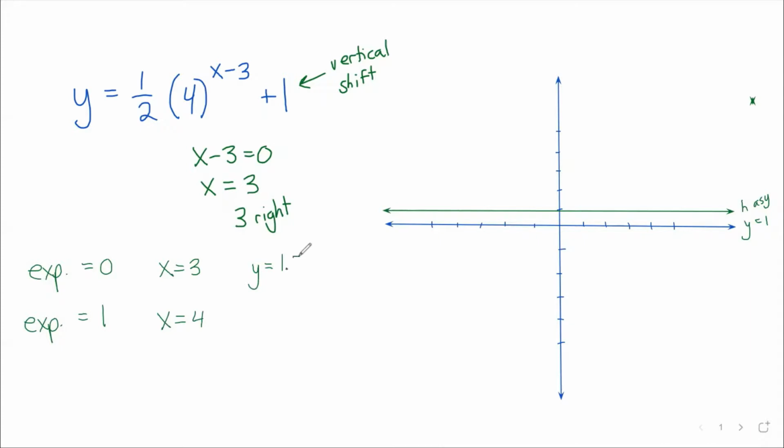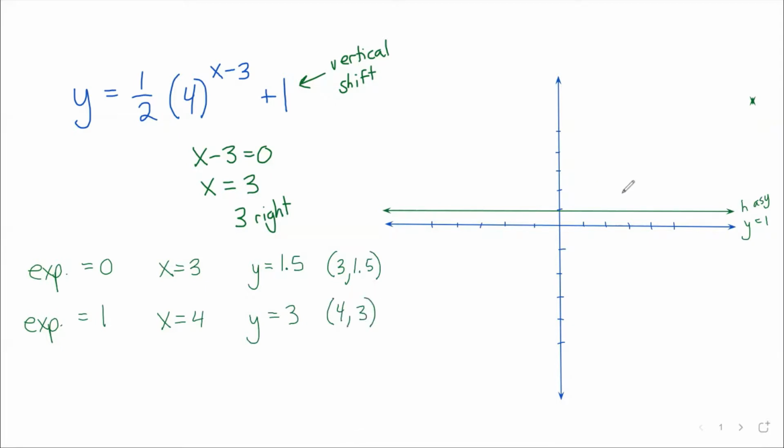And then when x equals 4, so 4 minus 3 is 1, 4 to the 1 is 4, 4 times 1/2 is 2, and 2 plus 1 is 3. So we have 2 points that we can graph here, 3, 1.5, and 4, 3.